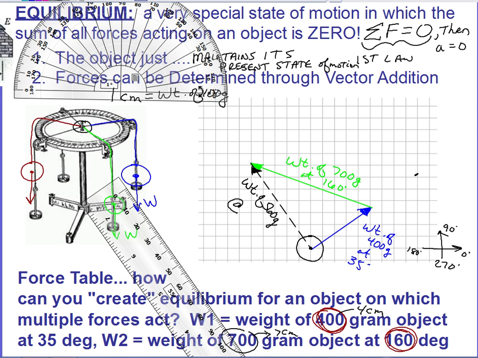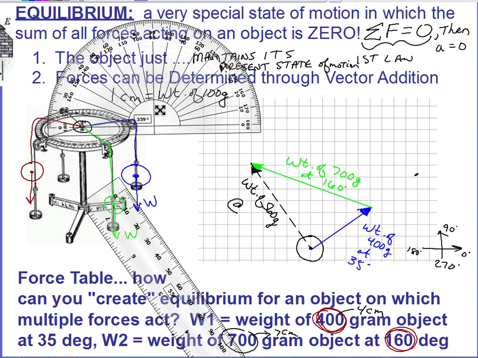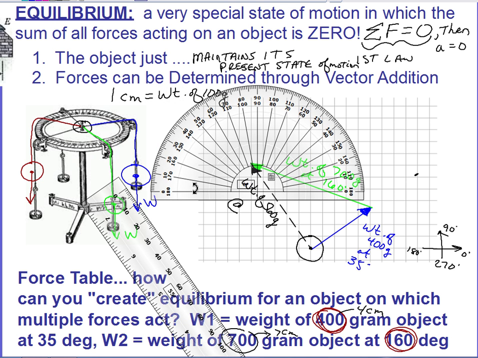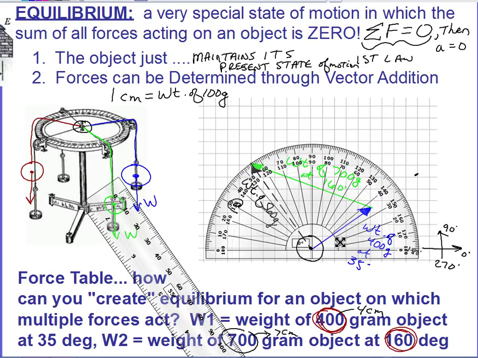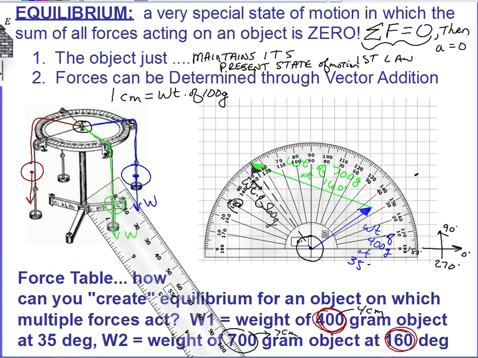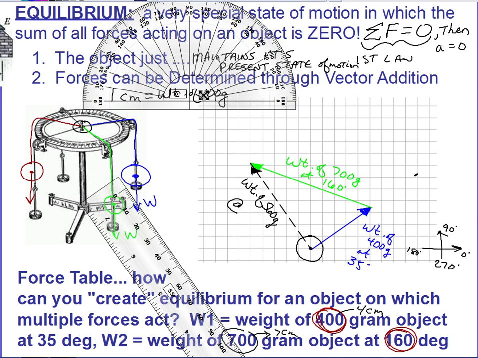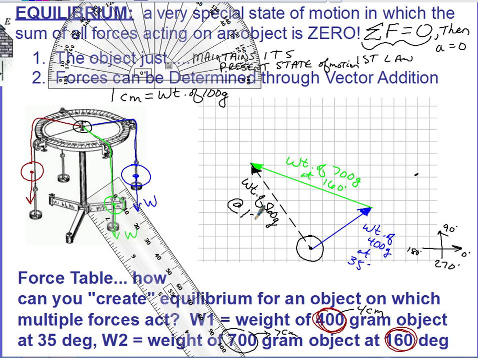That angle I'm getting to be in the neighborhood of 125 degrees. So according to 0 being to the right along the positive x-axis, the resultant force would be the weight of 560 grams at 125 degrees. Okay, so that's this angle there.